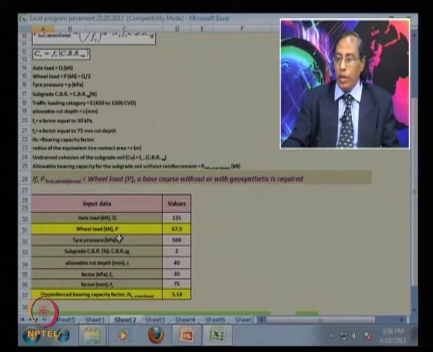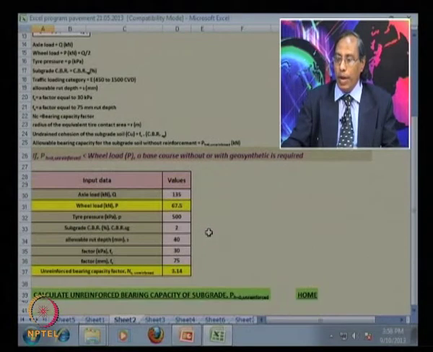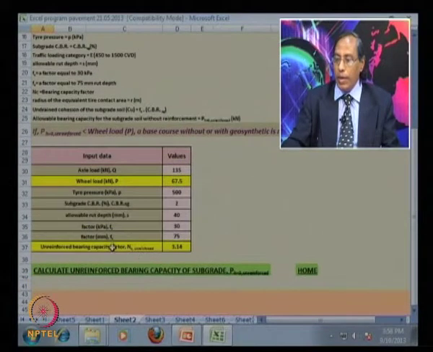So wheel load P in kilonewton is half of this axle load, that is 67.5, and the tire pressure is given as 500 kPa, subgrade CBR percentage is given as 2, allowable rut depth in millimeter is 40, then factor Fs is 30, factor Fc is equal to 75.